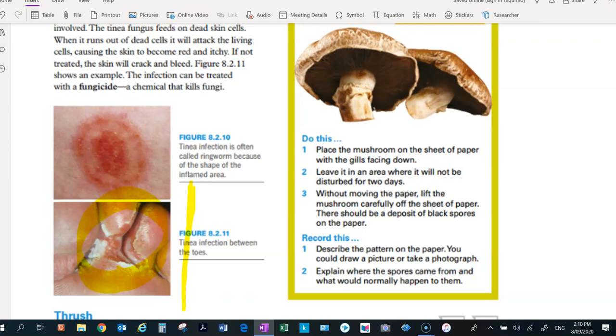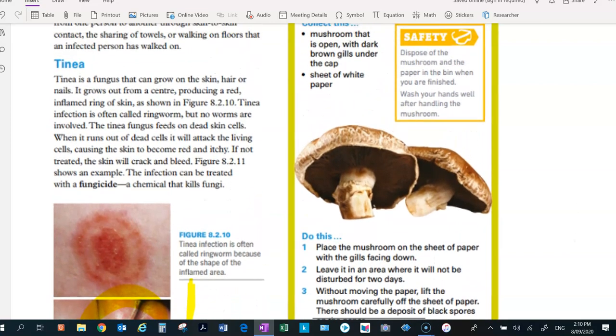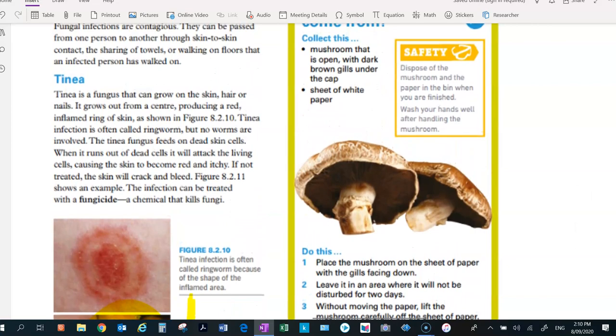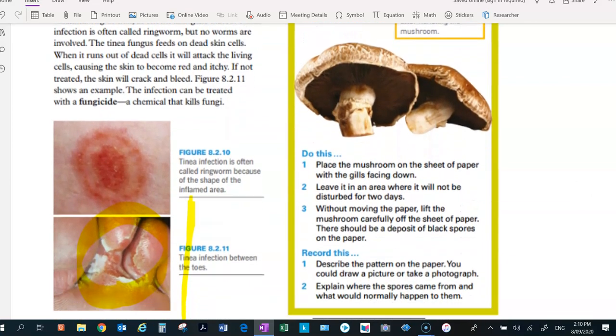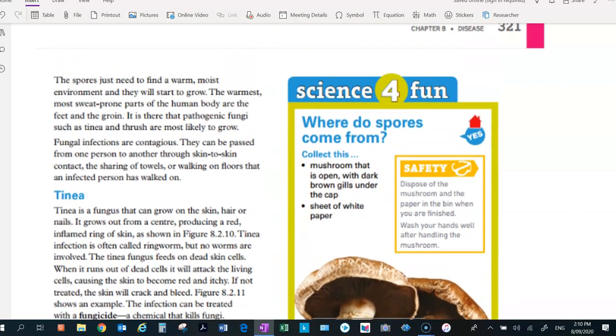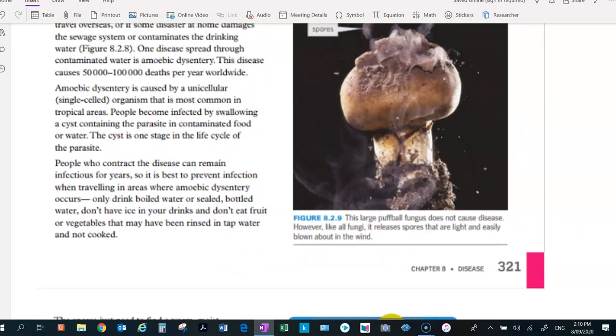Tinea is an infection between the toes, sometimes called ringworm because of the shape of the inflamed area. And especially when on camps, we take precautions to make sure that we don't get tinea.